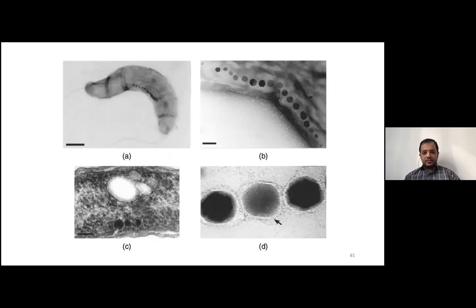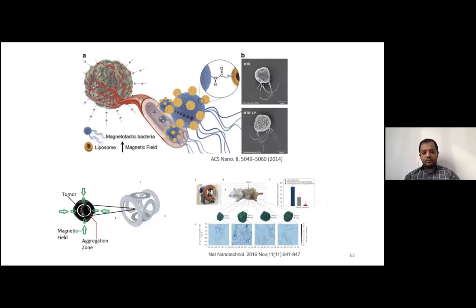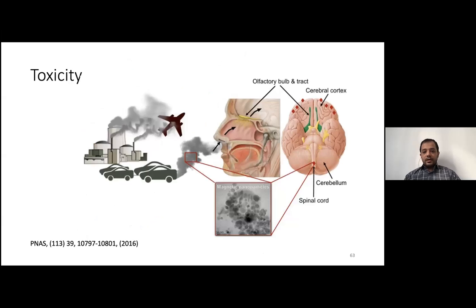What we did in the lab was to attach these bacteria to liposomes containing a drug, and they were guided towards a tumor, and they went inside the tumor, and they actually got into the necrosis region of the tumor as well.